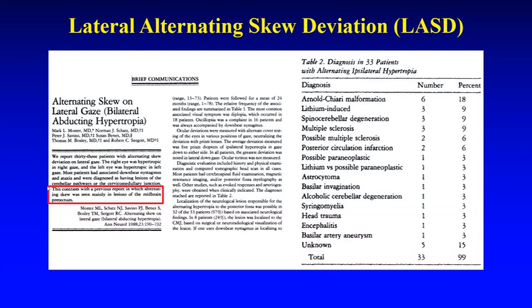But there are many other causes also, such as Arnold-Chiari malformation, lithium-induced spinocerebellar degeneration, multiple sclerosis, posterior circulation stroke, paraneoplastic disease, astrocytoma in the brainstem, basilar invagination, alcoholic cerebellar degeneration, syringomyelia, head trauma, encephalitis, basilar artery aneurysm, and unknown causes. There are multiple causes for the lateral alternating hypertropia, ipsilateral.